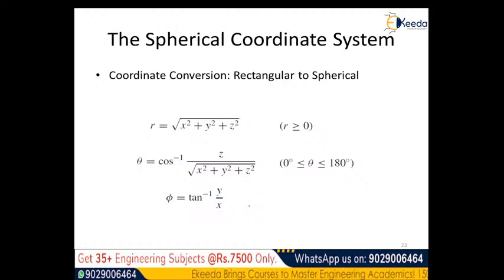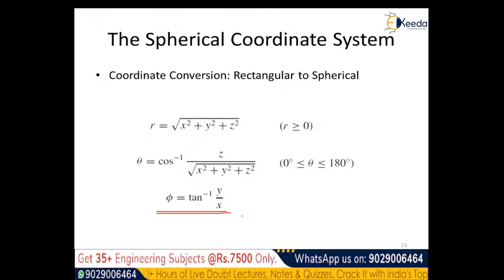It is the same formulation as in the cylindrical coordinate system: phi is the tan inverse of y by x. This is also derived from the right angle triangle that we discussed while switching from the rectangular to the cylindrical coordinate system.